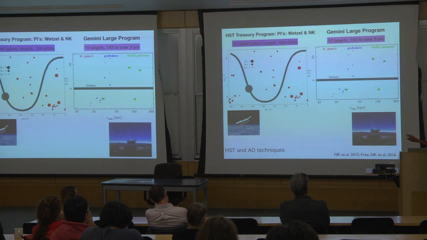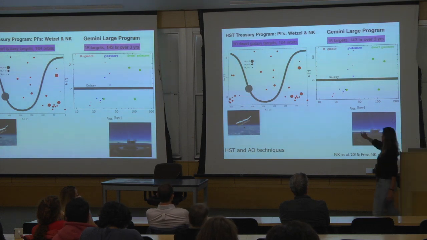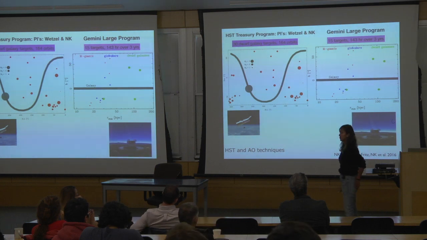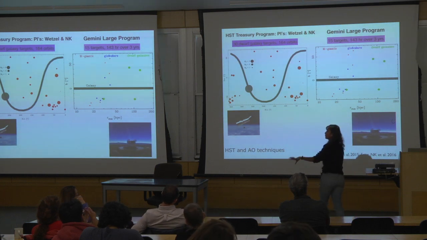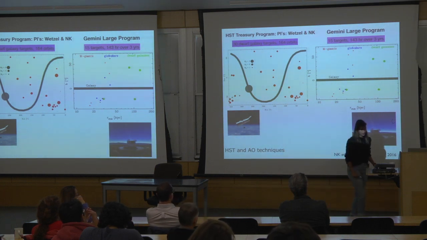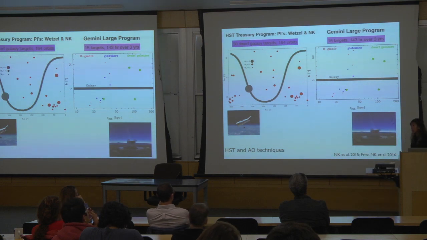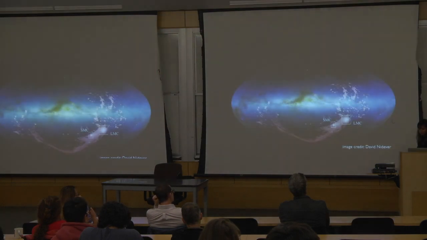But the goal is just to use all of them as tracers of Milky Way mass. Currently, this is everything you can do from Gemini South, given the restrictions of the tip-tilt stars. They do have plans to upgrade the system, and so you will be able to go to fainter stars, which would open up many more objects.